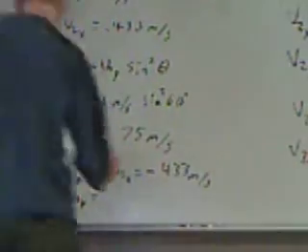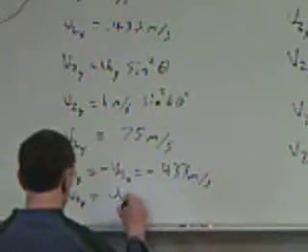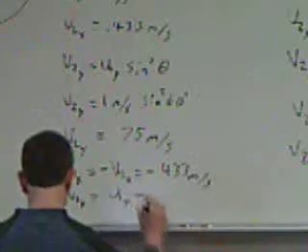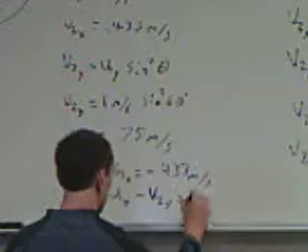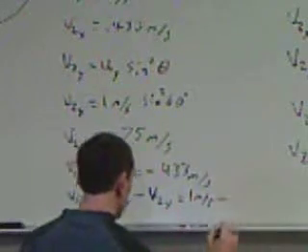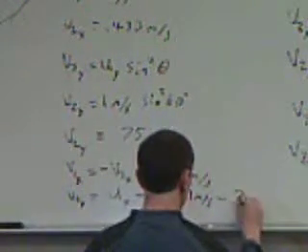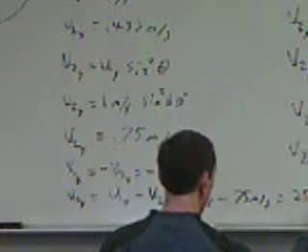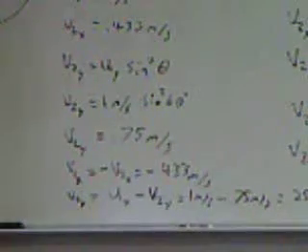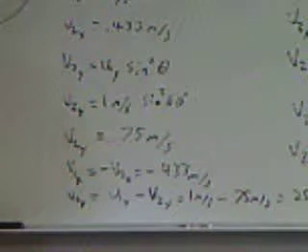So v1 sub y equals u1 sub y minus v2 sub y, which is to say it equals 1 meter per second minus the 0.75 meters per second, so it equals 0.25. So this distance right here, v1 sub y, equals 0.25 meters per second, et cetera.